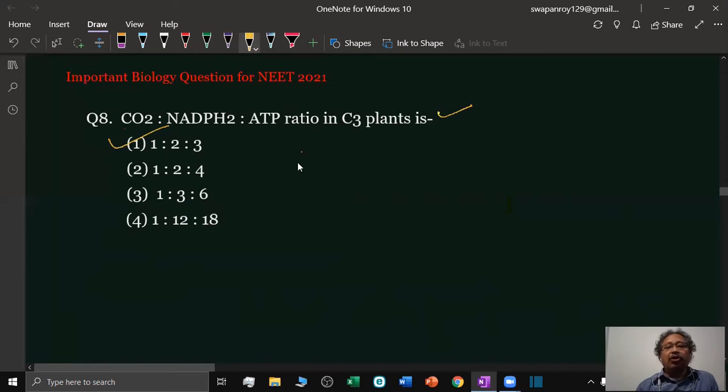That is, for reduction of one molecule of carbon dioxide, it requires 2 molecules of NADPH2 and 3 molecules of ATP.